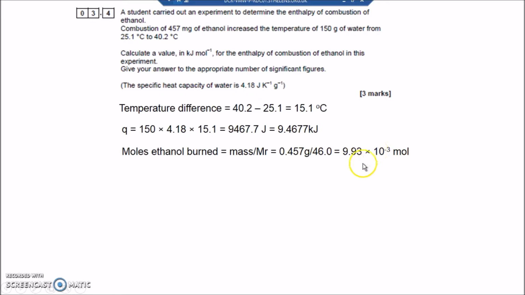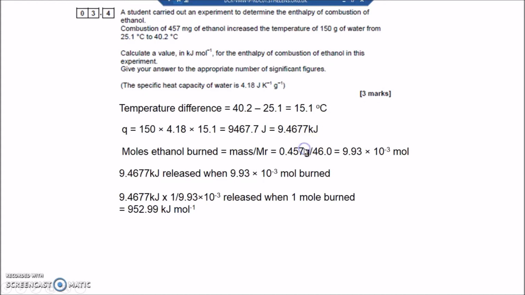I've got a small amount, so I'm going to have to scale up. To work out how much I need to scale up by to get 1 mole, I do 1 divided by that and it'll come out with a number, and I multiply that by the value of Q. This amount of energy is released when 9.93 times 10 to the minus 3 moles are burnt. So I do 1 divided by that value, and that will give me a number that I scale up by.